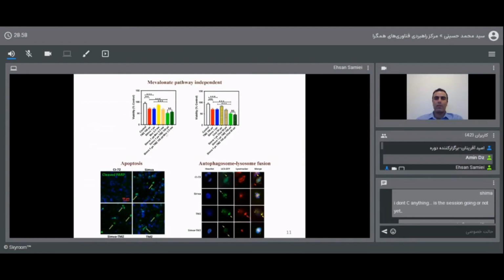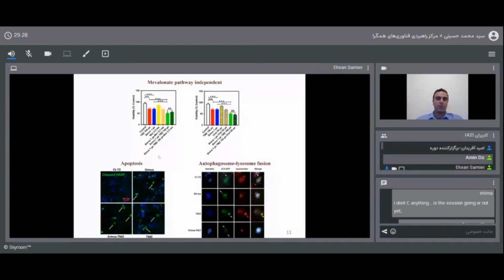Mevalonate and cholesterol are shown here, and two other proteins, FPP and GGPP, were also studied, which I have not shown here. The comparison showed that the difference between the viability is not significant. We concluded that the mevalonate pathway is not involved in this extra cell death. Then apoptosis was analyzed.